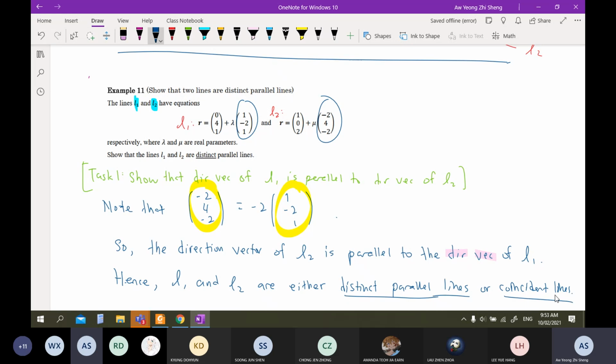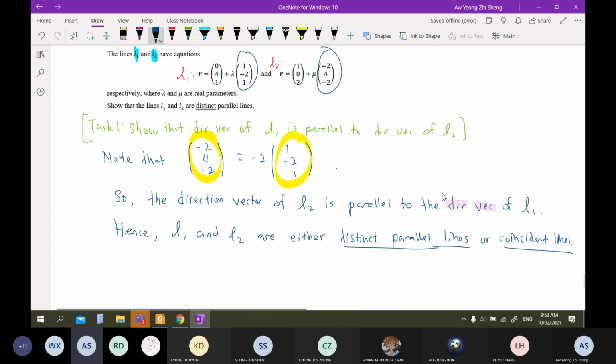And now I state the two possibilities. Now move on to task 2. Task 2 is to rule out the possibility of L1, L2 being coincident.